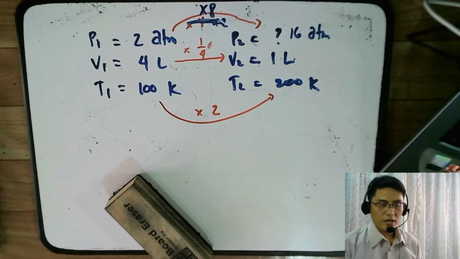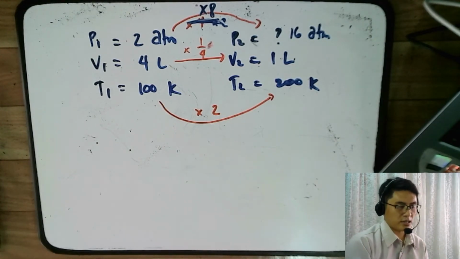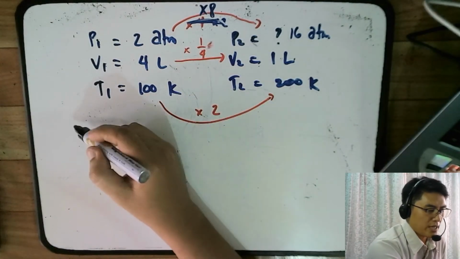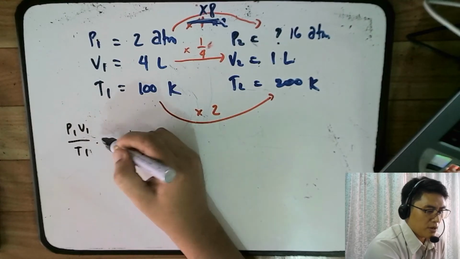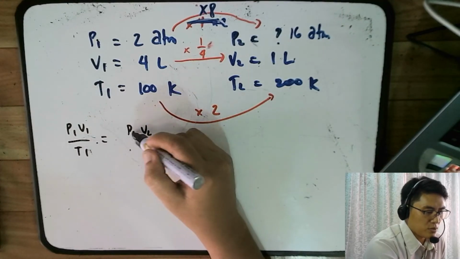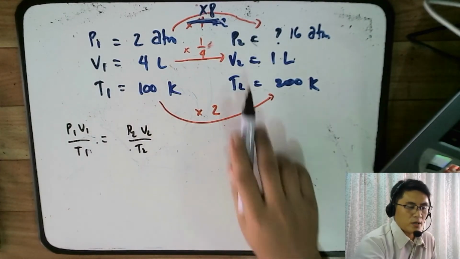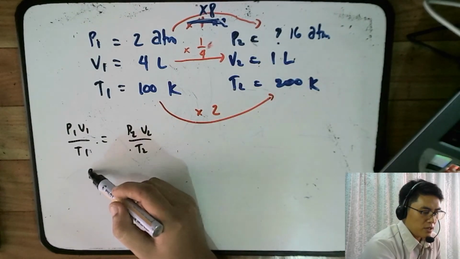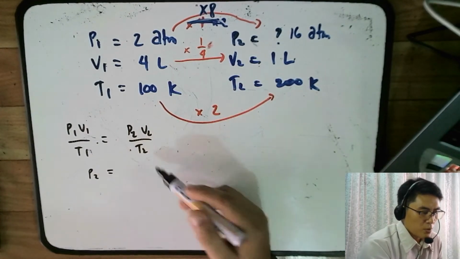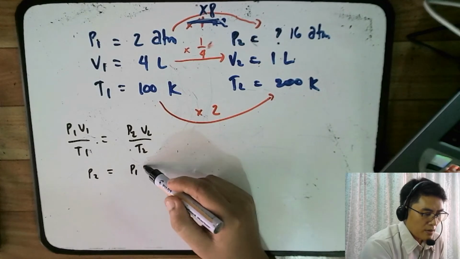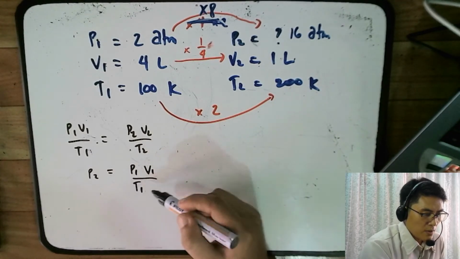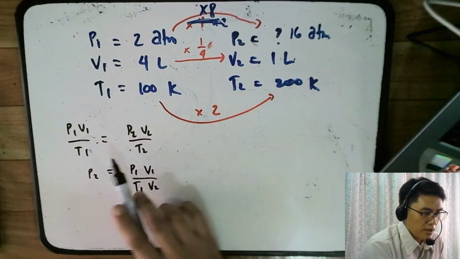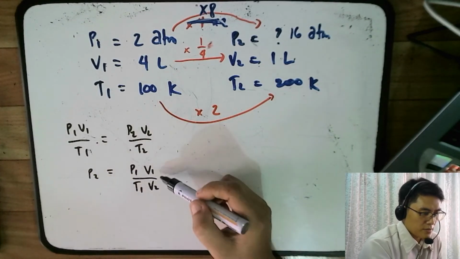But just to check if this intuition works, let's look at the formal solution. We have P1 V1 over T1 is equal to P2 V2 over T2. And again, we are solving for P2. So P2 would be P1 V1 over T1 V2, and then this T2 gets transferred out here.